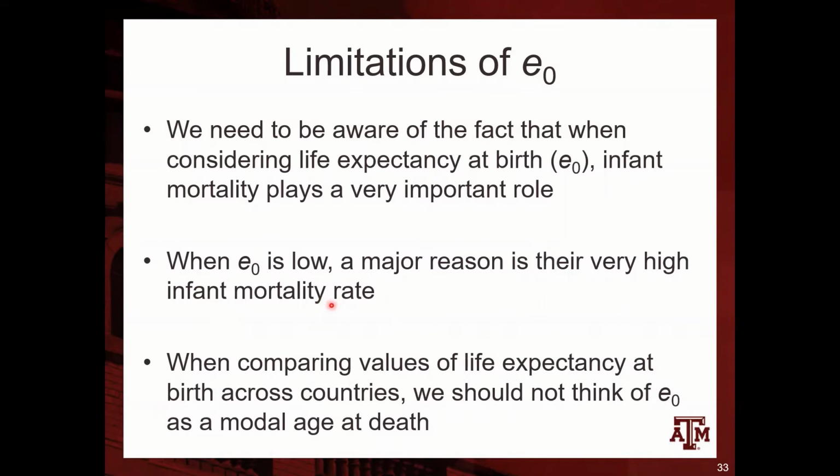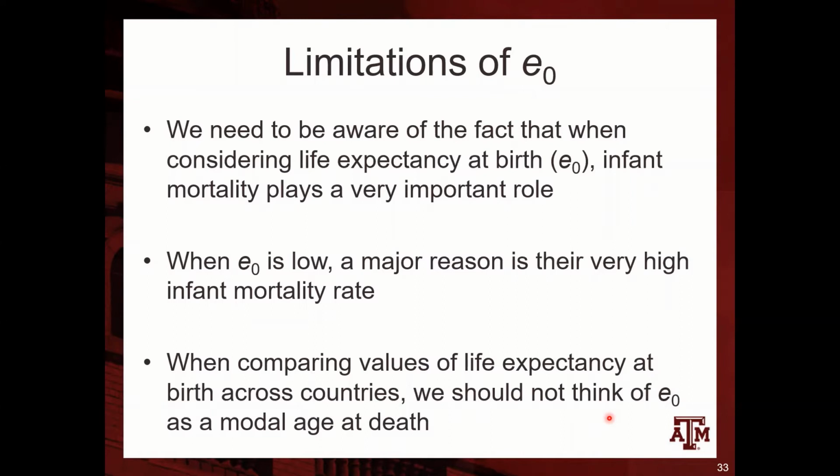Sometimes when we are comparing data across countries, it might be interesting to not think of the life expectancy at birth as the modal age at death. What is the mode? Mode is one measure that we usually use in statistics. The mode is that number that's most observed for a specific indicator.